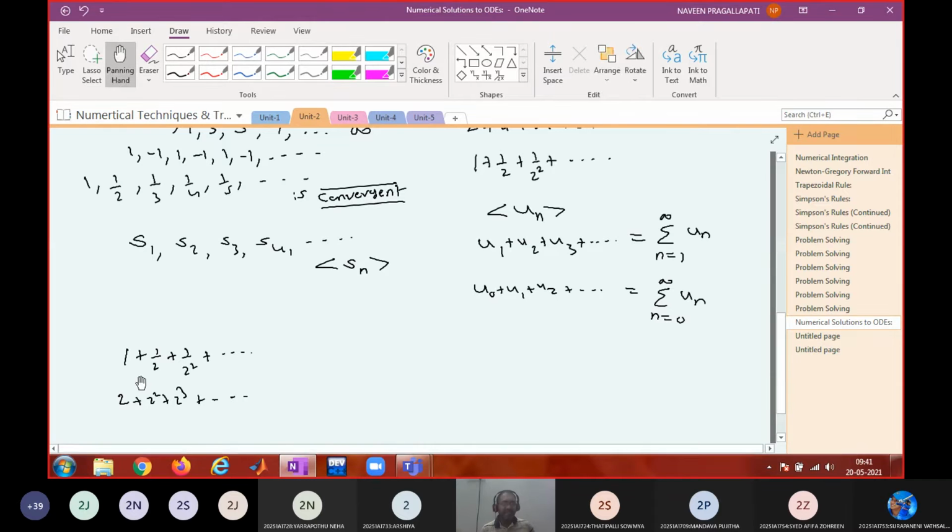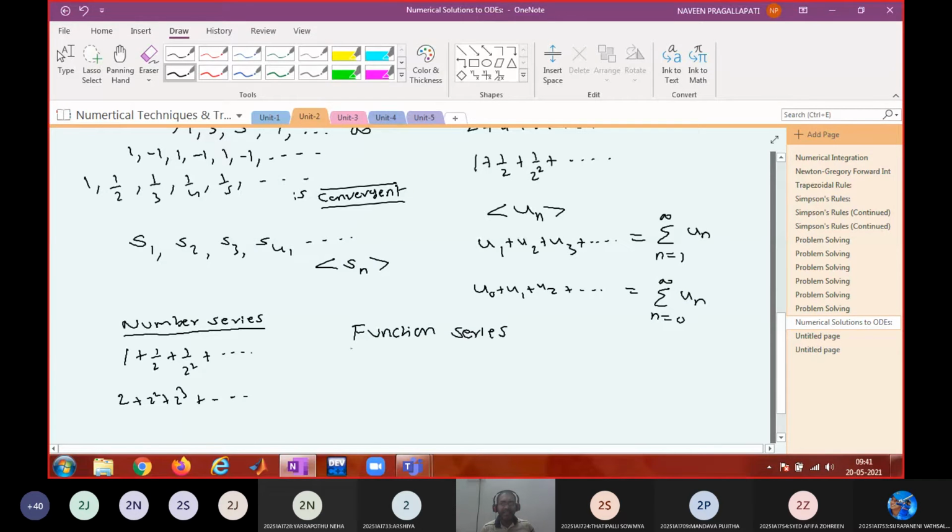So what do you mean by a number series? Where each term is a number is called a number series. A number series has only one case: either it is convergent or divergent. There is one more series called a function series.